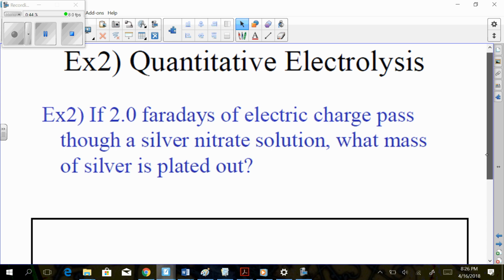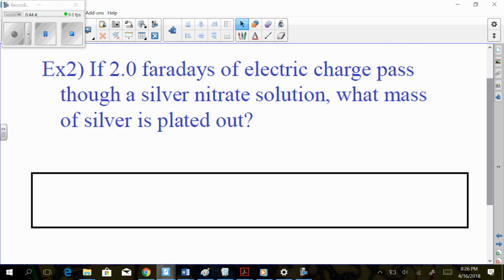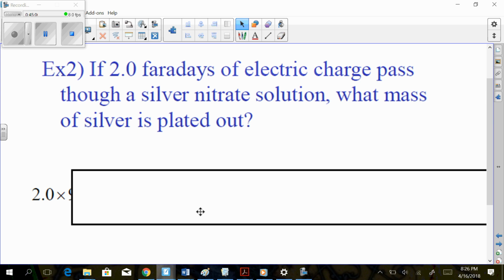Okay, now let's look at an electrolysis calculation again. If you had 2 Faradays of electric charge pass through a silver nitrate solution, what mass of silver is plated out? Let's start with two Faradays of charge.